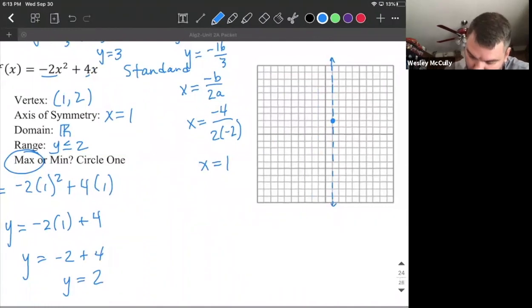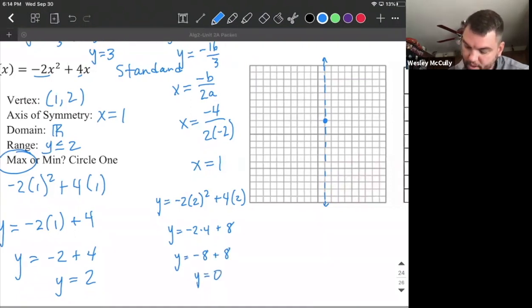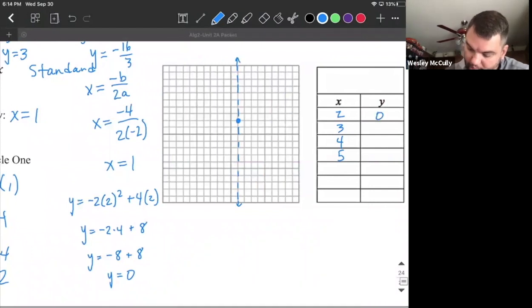So I will plug in 2 for x. y is equal to -2 times 2 squared plus 4 times 2. y equals -2 times 4 plus 8. y equals -8 plus 8. y equals 0. So when x is 2, y is 0. So I plot that point there.